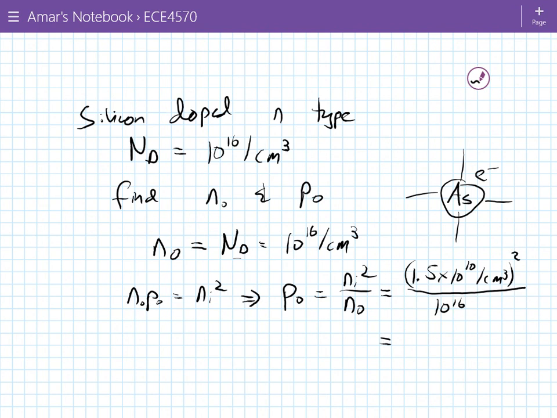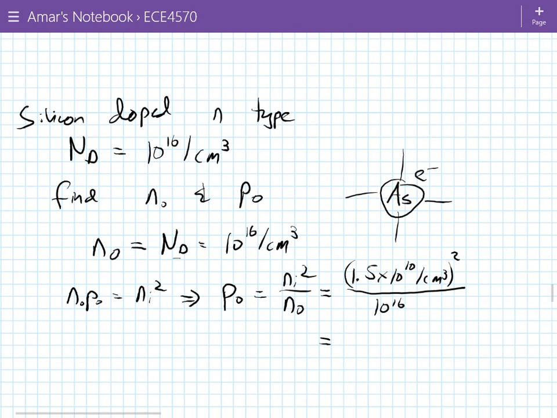Does anyone have a calculator to help me out here? This is 1.5 squared, 2.25 times 10 to the 20th, divided by 10 to the 16th, so 2.25 times 10 to the 4th per centimeter cubed.